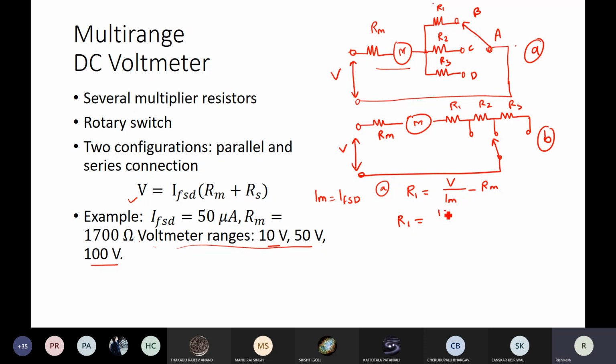So R1 is 10 volts divided by 50 microampere minus Rm, which is 700 ohms. Can someone please calculate the value of R1?